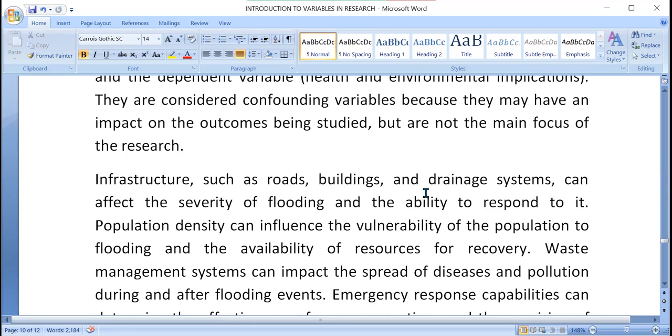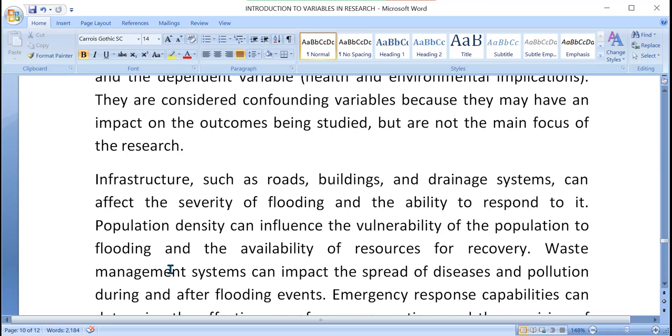Infrastructure such as roads, buildings, drainage system can affect the severity of flooding and the ability to respond to it. Population density can influence the vulnerability of the population to flooding. Where there are many people compacted within a small space, they will block the drainage system. So any little flooding will be disastrous to the environment and will likely cause disease outbreak among the people that are clustered.